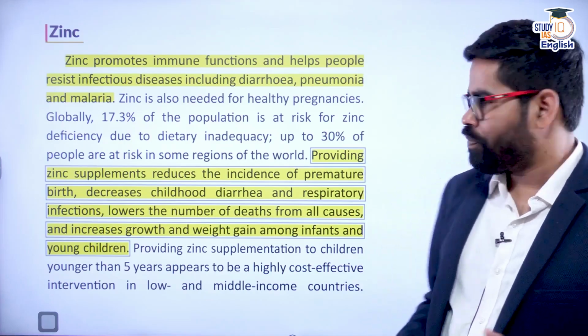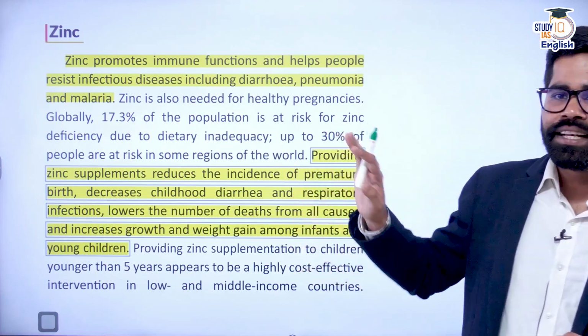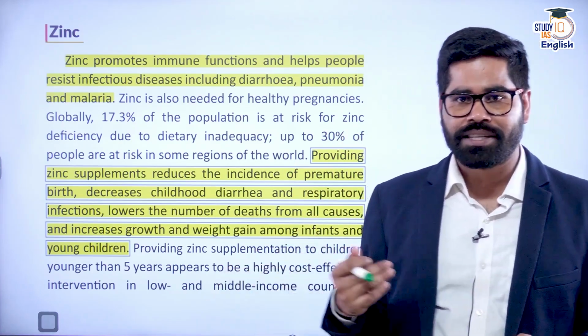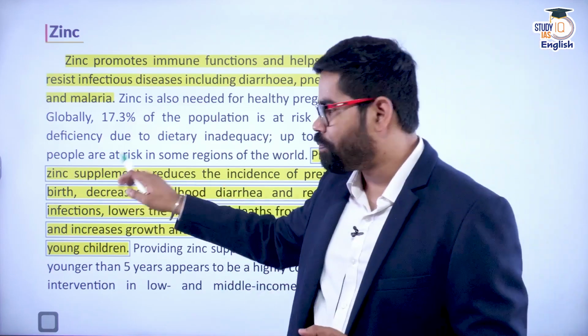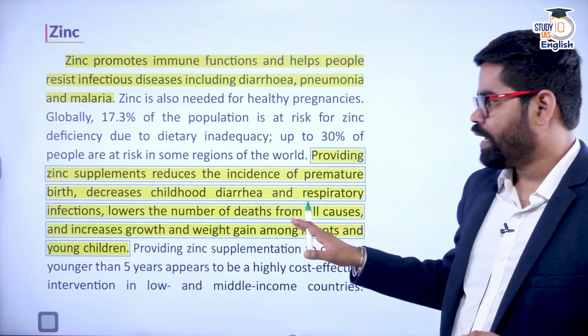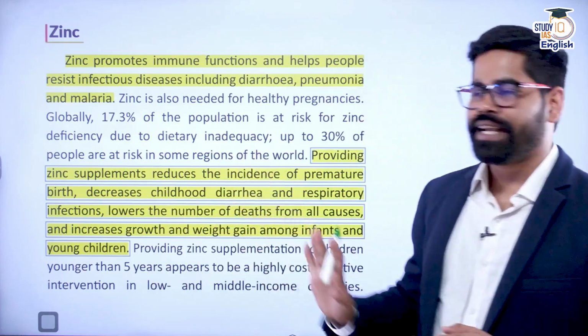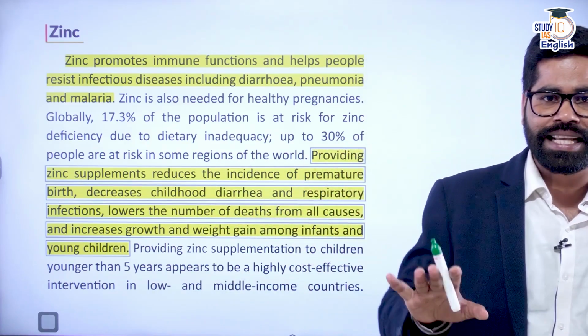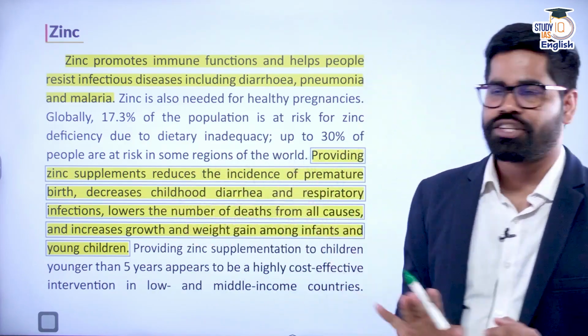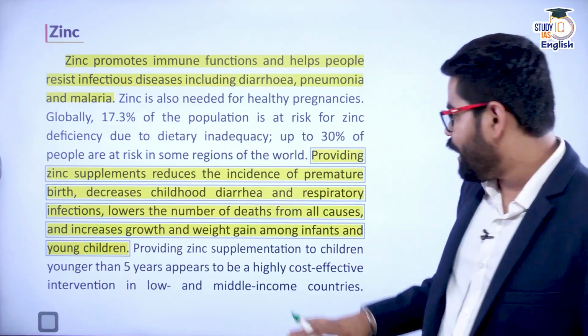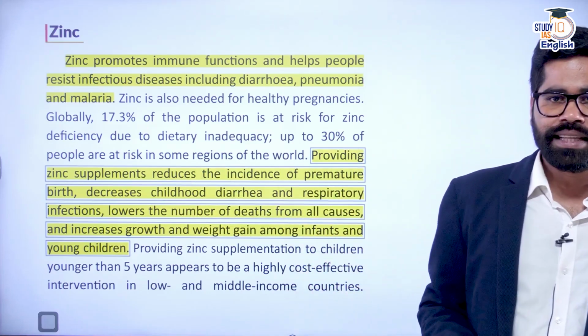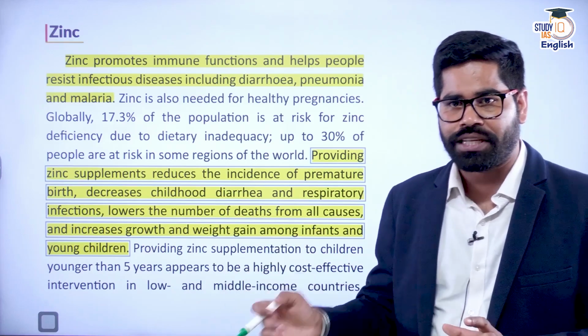Now, suppose zinc supplements are provided. They can reduce premature birth, decrease childhood diarrhea, and decrease cases of respiratory infections. Among the different causes of death, it can help in reducing those problems.